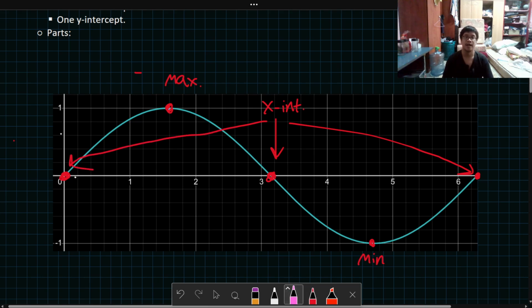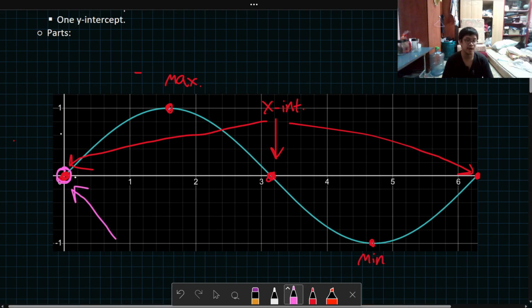And lastly, we have the y-intercept, which is basically similar to the x-intercept, where the curve passes through the y-axis instead, not the x-axis. So here, where the sine passes through is here.